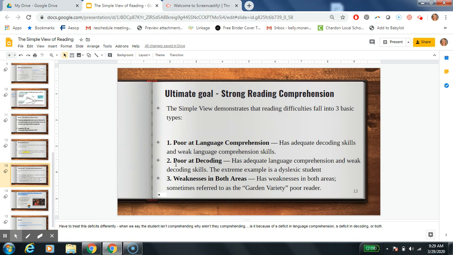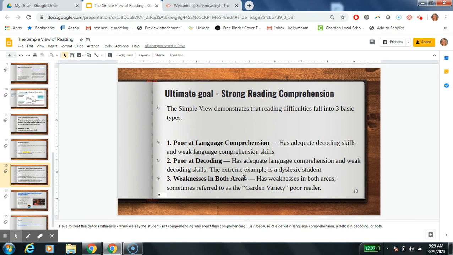Or a student could be poor at decoding. So they have the language comprehension, but they're weak at decoding. The extreme example of this would be a dyslexic student, or a reader could have a weakness in both areas, sometimes referred to as the garden variety poor reader.